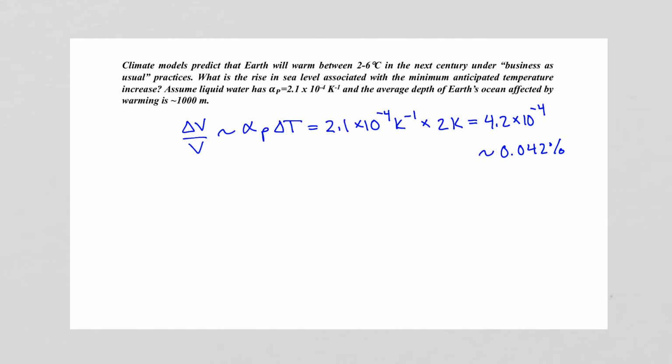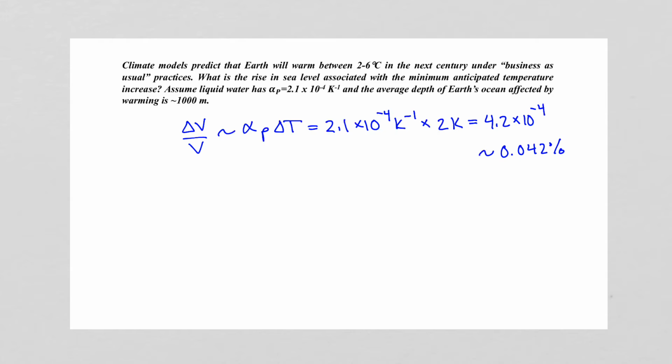Okay, so looking at this number that we just obtained, 0.042% increase in sea level rise, that probably looks like a super tiny number that can't possibly be significant on a global scale. Okay, well, let's see exactly how significant that number is.